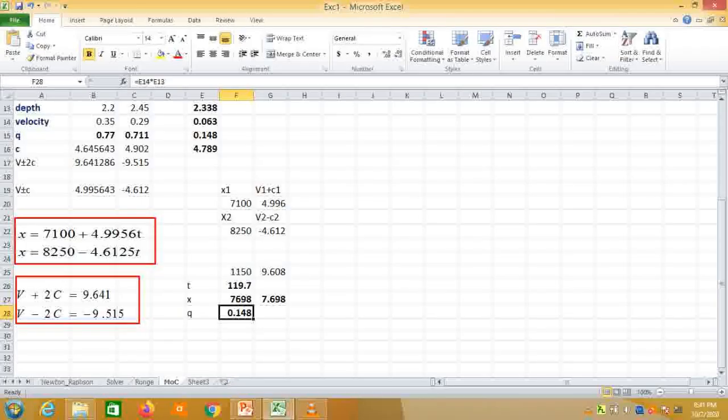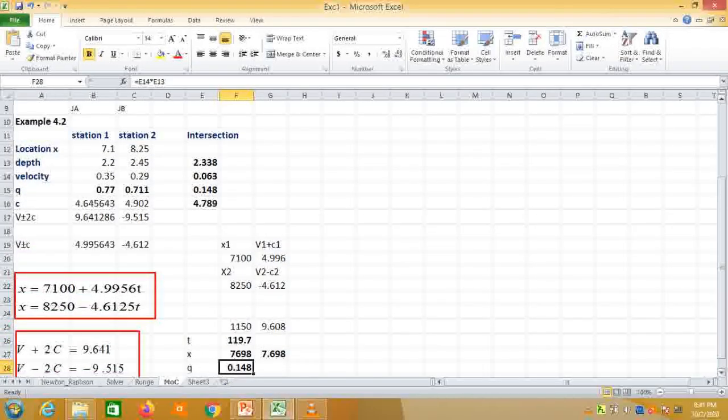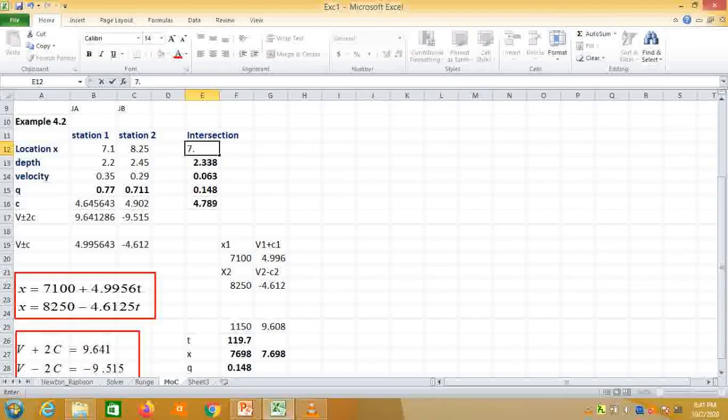So the point at which those characteristics directions meet would be at a location of 7.7 kilometers roughly, or 7.698 if you want to be too precise. Basically that's the location, and this is the time, 120 seconds roughly.